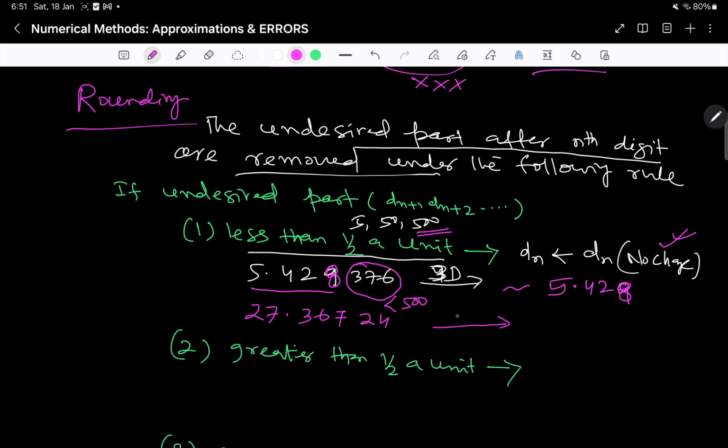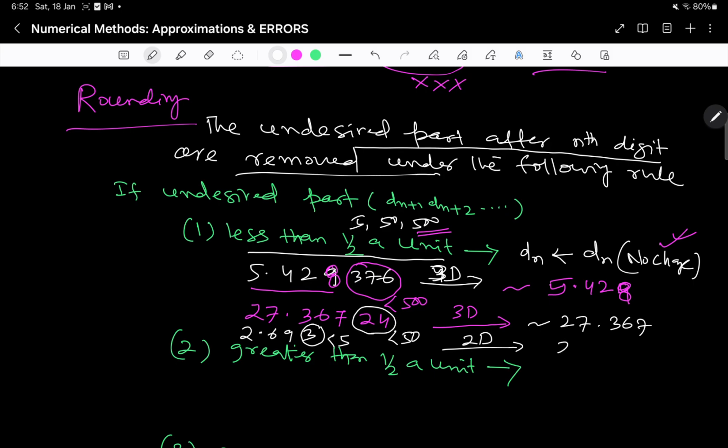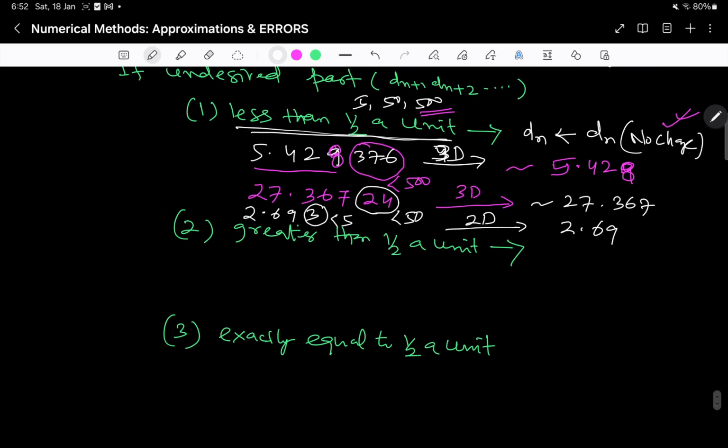I want 3-digit accuracy. What is the undesired part? The undesired part is 24. Half a unit is 50 here, and 24 is less than 50, so without any change I write the same thing, 27.367. Suppose it is 2.693 and I want to round it to 2-digit accuracy. The undesired part is less than half a unit, so it is simply 2.69. So if the undesired part is less than half a unit, it is the same as chopping. It is simply removed without any change.